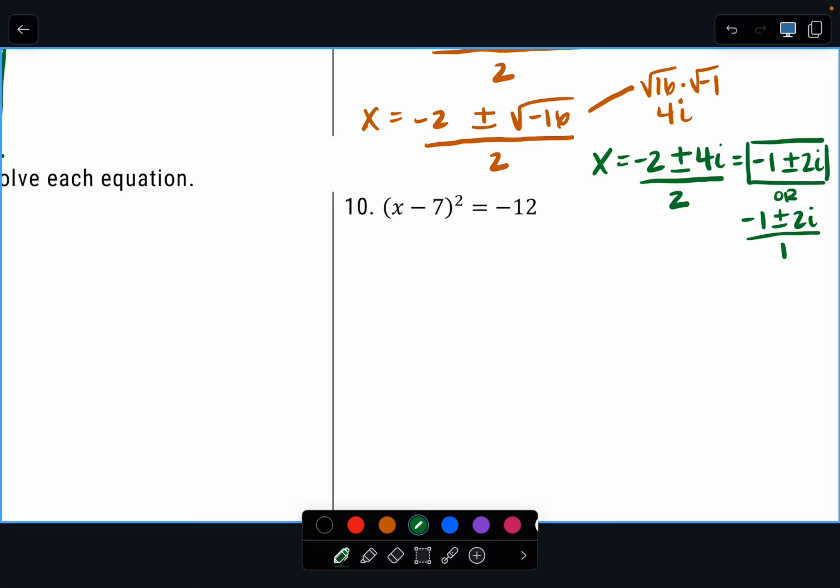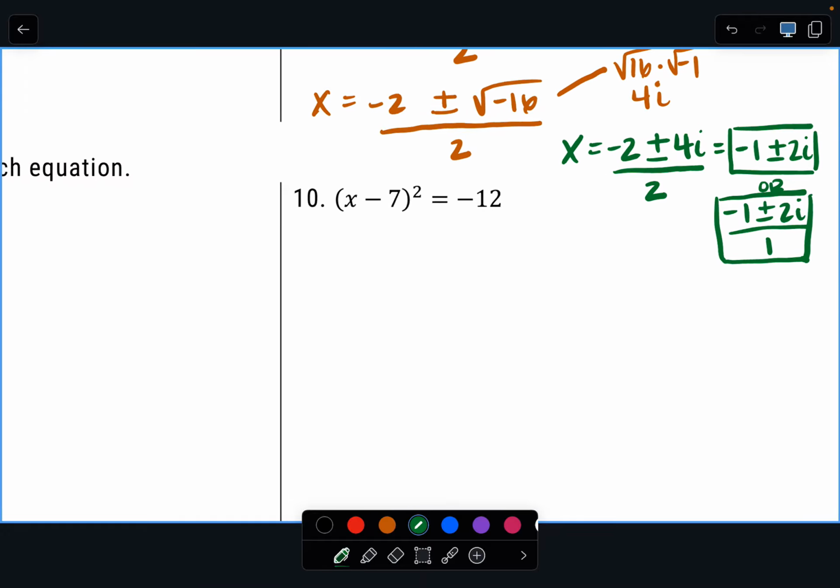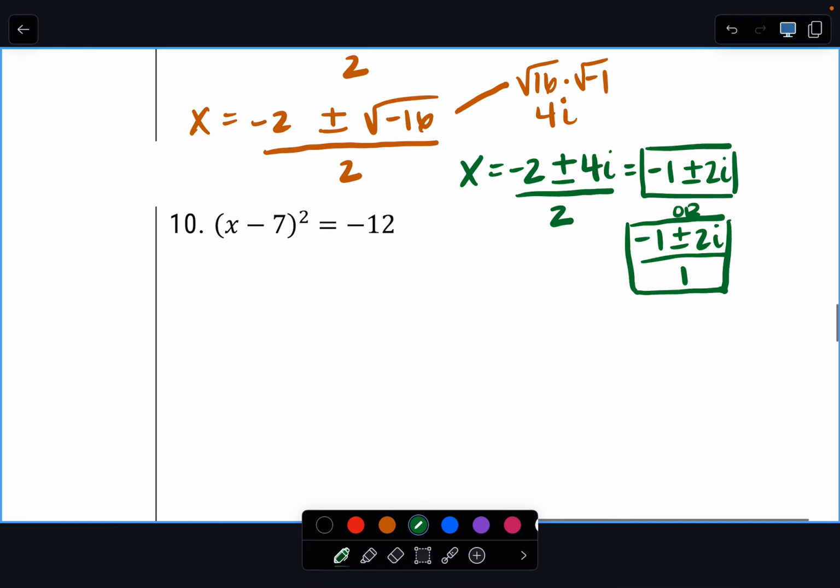But if you don't want to write it over 1, you don't have to, because that is not something we would normally do any other time we are simplifying. So if you look at your final answer, even if it's not imaginary, say for instance it's a regular problem and they all have something in common, you simplify what they have in common.